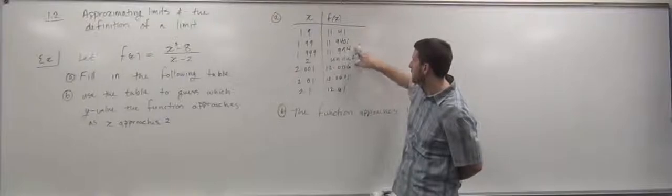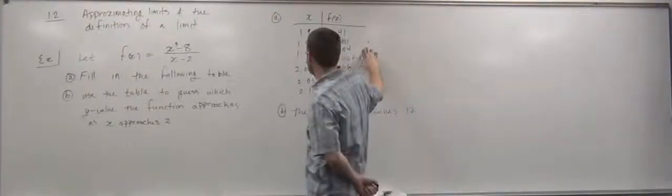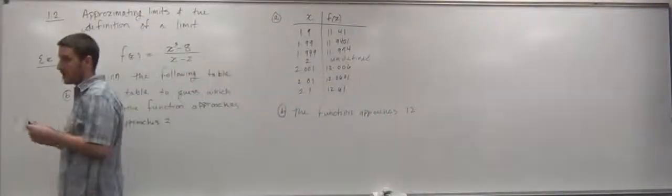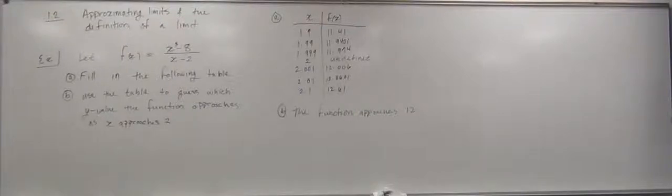Right, 12.006, 11.994. So even though the function's undefined there, it's approaching 12. And if you look at the graph, this is even more clear. It's trying to plot the points that I have on there. So when x is 2, even though there's a denominator in my function, it doesn't matter. My function is still approaching the y value of 12.